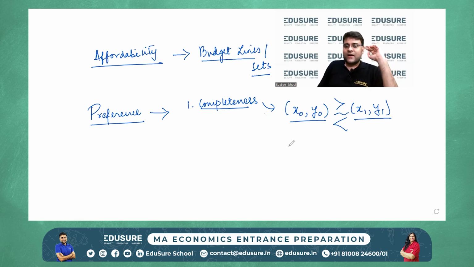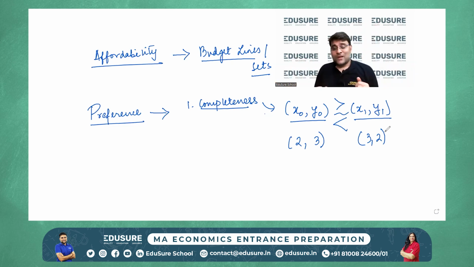So it will not be the case that the consumer will say that between, say, the bundle 2, 3 and 3, 2, I don't know which one I like more. "I don't know" is out of the dictionary. Because if I get into the "I don't know" factor, then you can never comment about the optimal choice of the consumer. If you do not know whether a consumer will like a bundle A over a bundle B, then how can you choose for the consumer?